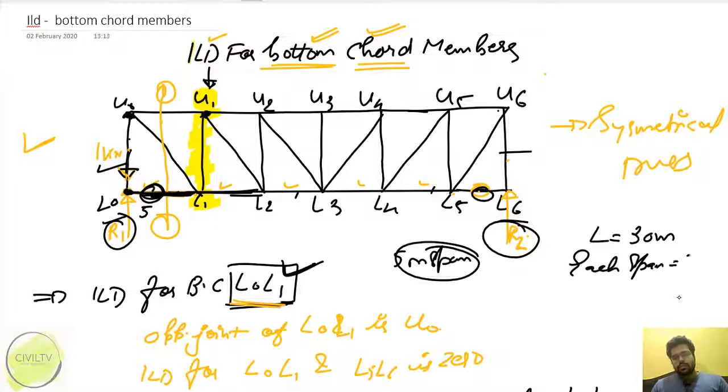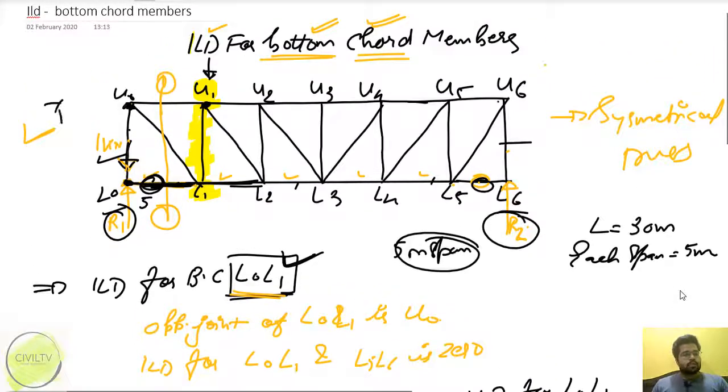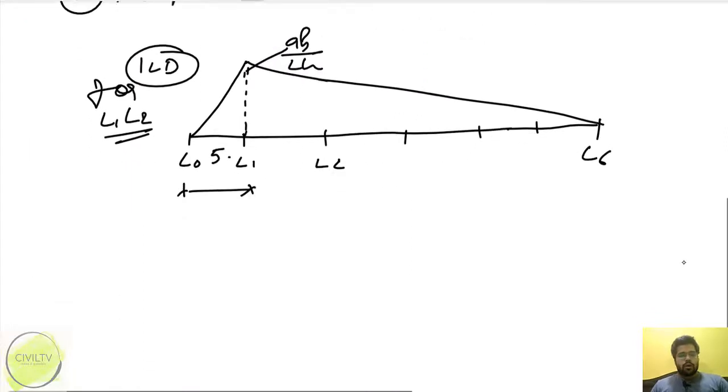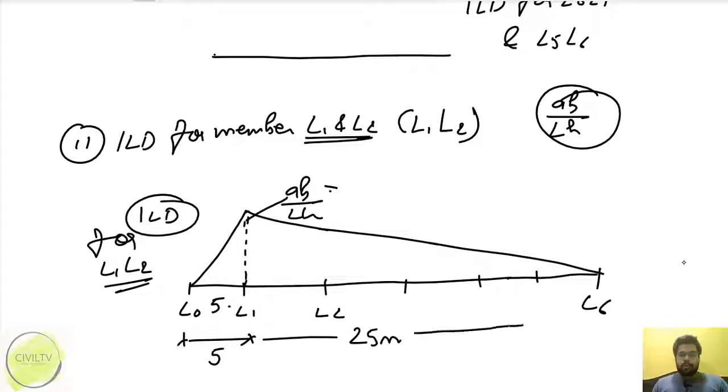Each span is 5 meters, okay, and height is suppose 5 meters, all right. So what is this, L0 to L1 is 5 meters and remaining is 25 meters, right, because the total length is 30 meters.